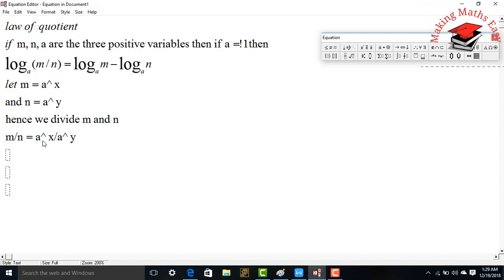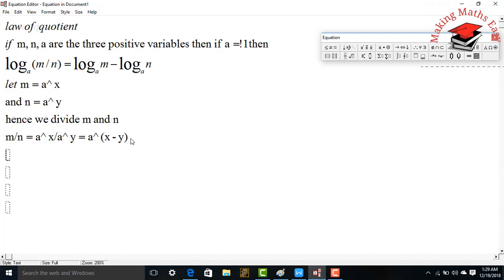So this is equal to a raised to x minus y by the law of indices. Since y is in the denominator, it goes to the numerator with a minus sign, so it becomes a raised to x minus y.